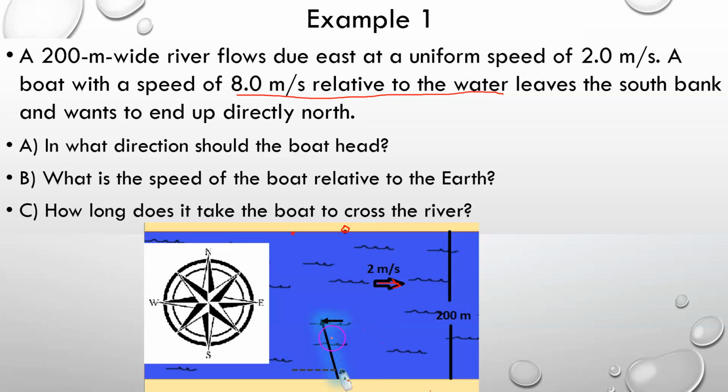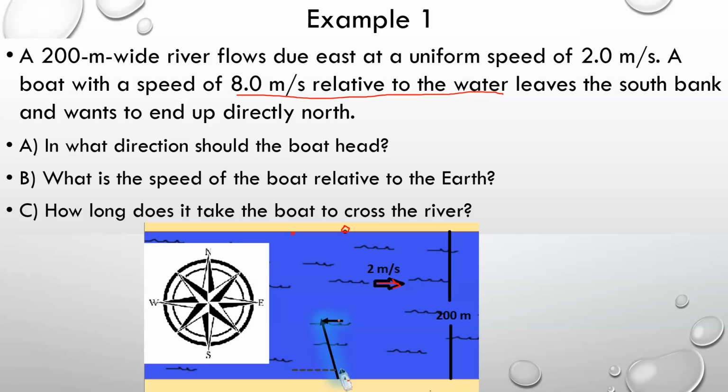And what we need to realize is that when the boat heads that way, the x component, so the horizontal component of the boat's velocity, we want that horizontal component to cancel out with the current of the water. So this leg of the triangle here has to be 2 meters per second west.